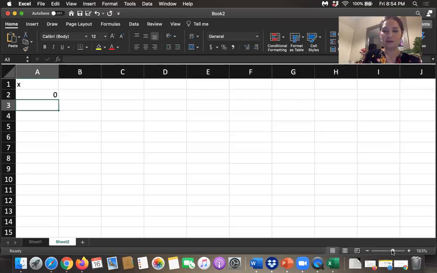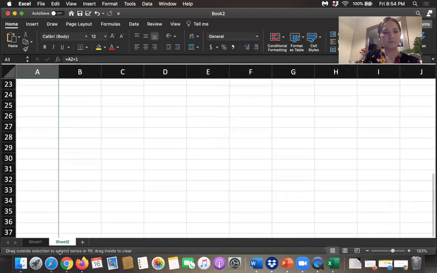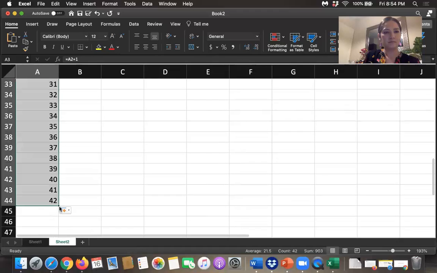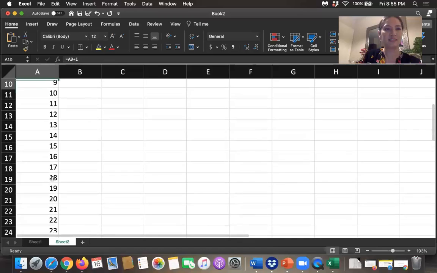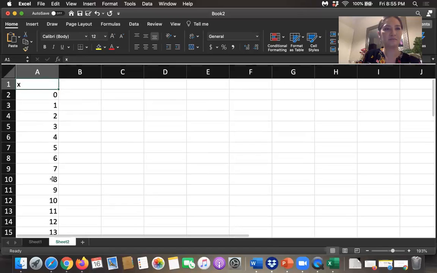So I'll just type 0 there, and here I'll type equals, and I want that 0 plus 1. If you drag and drop, oh, we only want to go to 40. Those are all the possible numbers of successes. So you could have between 0 and 40 successes in 40 trials.